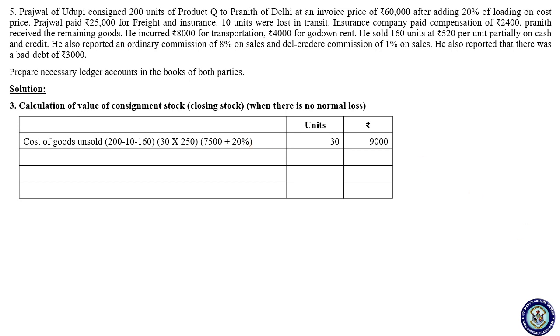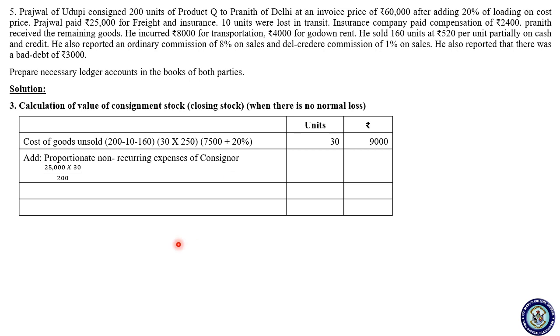Okay, next, that is proportionate non-recurring expense. This format you have to use only when there is no normal loss, otherwise you have to use the other format, the first format, which we were solving in the previous classes. Again, the cross multiplication. Proportionate means you have to do the cross multiplication. 25,000, that is for 200 units.